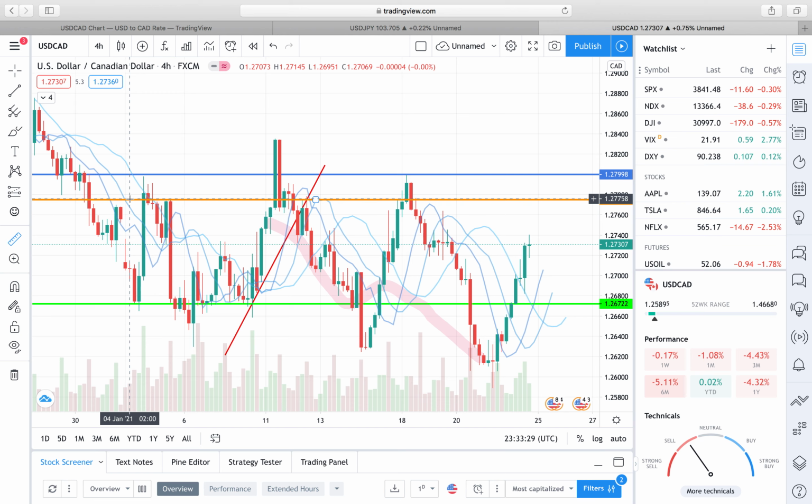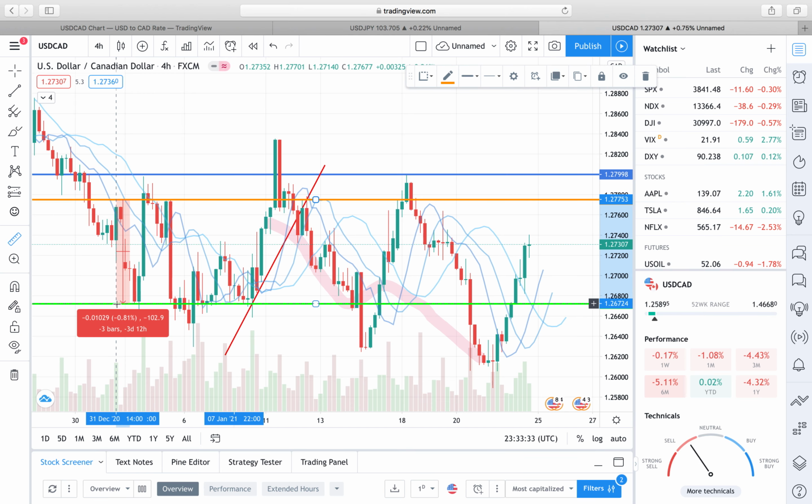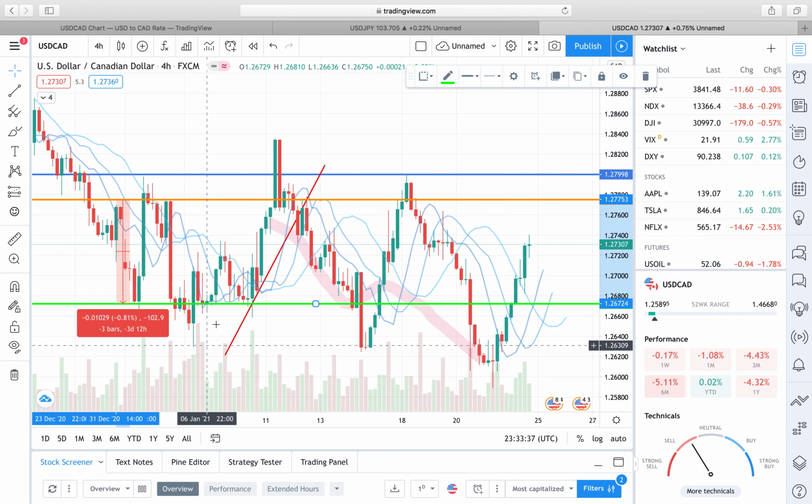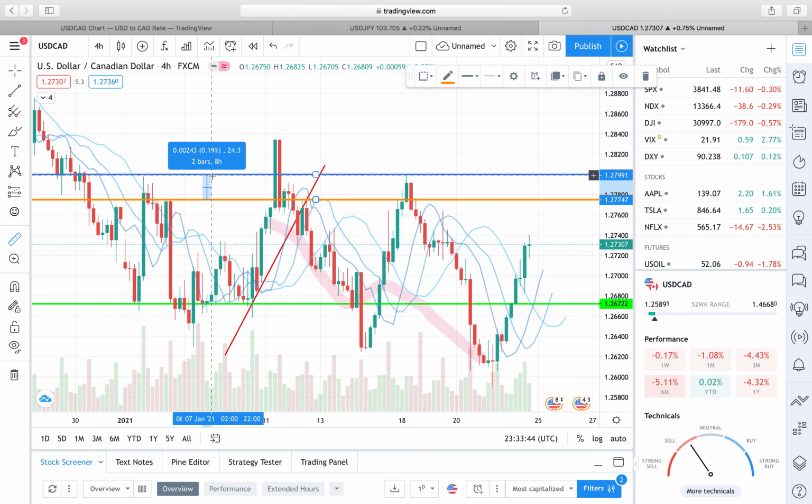So let's see again what it would have been if I were to do it. So 102.9 pips lost compared to what? Like 30? Not even 30, 24.4. 24.9 pips lost. So that is really, really bad.